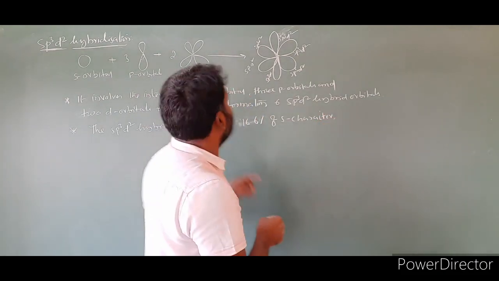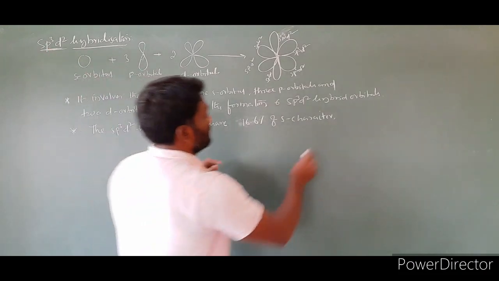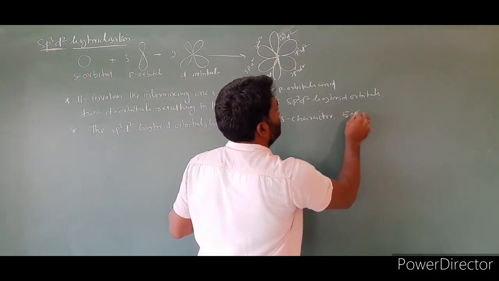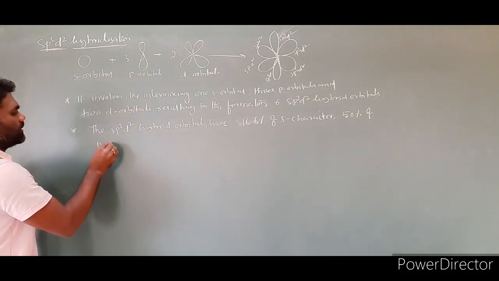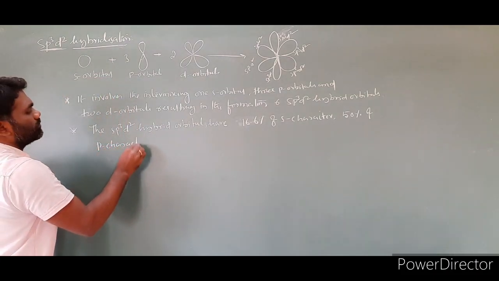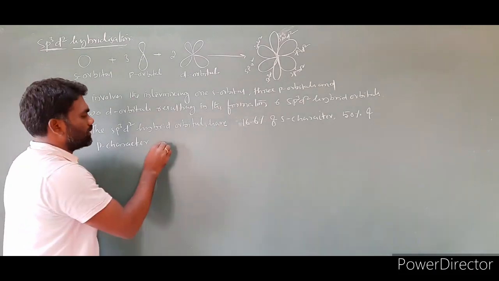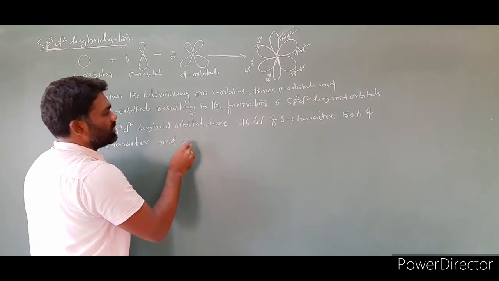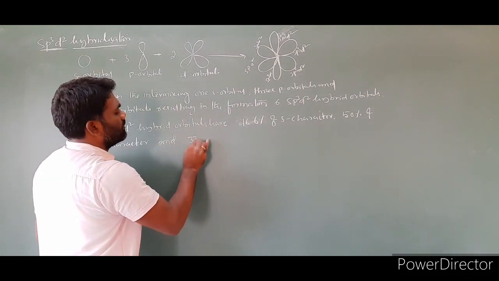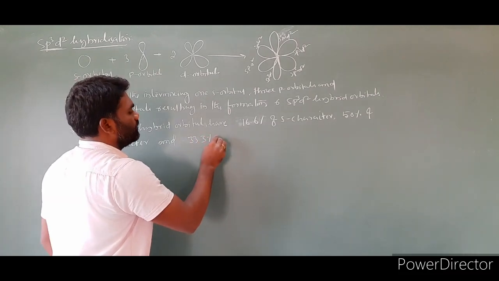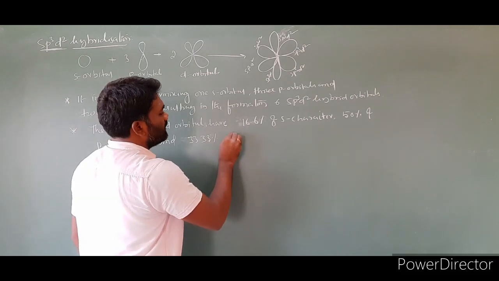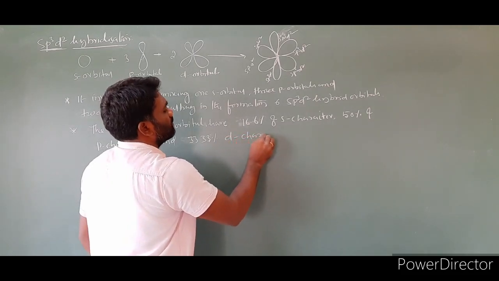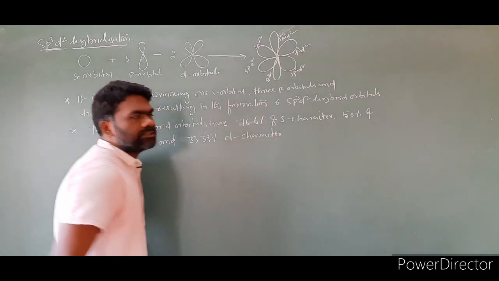And p character: 3 p's are there, so we get 50% of p character. And the remaining is d. How much do you get? 33.3% of d character. So this is the second point.